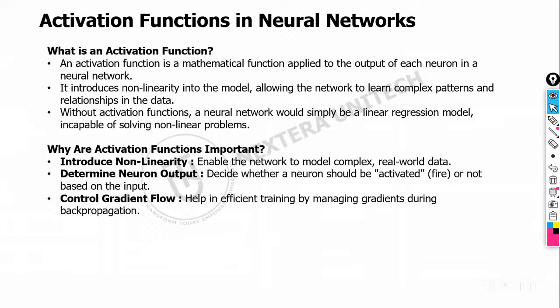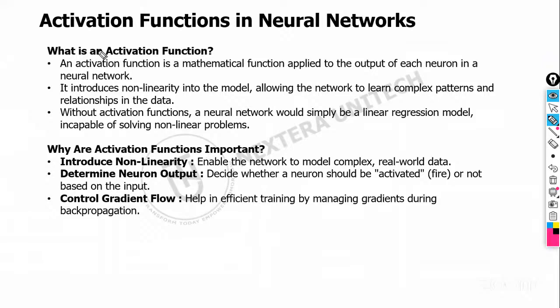It is also helpful to determine whether a neuron has to be fired or not, whether it should be activated or not, depending on the activation function that we use. These are the primary advantages of adding activation functions in a neural network.